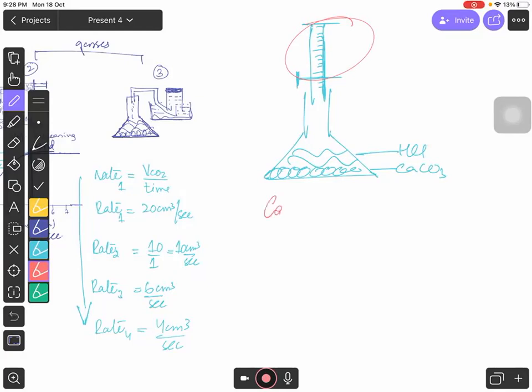We have calcium carbonate. It is reacting with HCl, and it is forming calcium chloride, carbon dioxide, and water. So we have three products right now, and which product is going to be collected over there, so we can take it with the stopwatch to find out the rate? What can be collected over there?